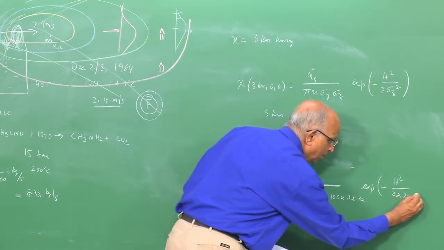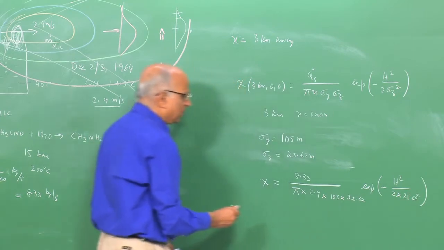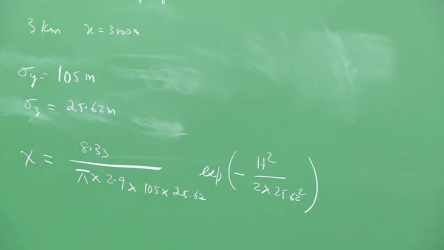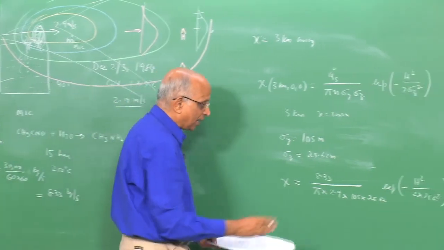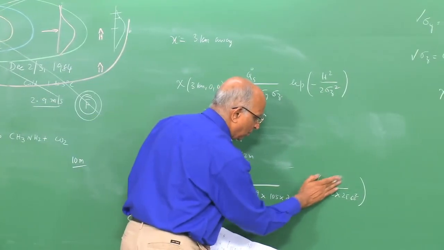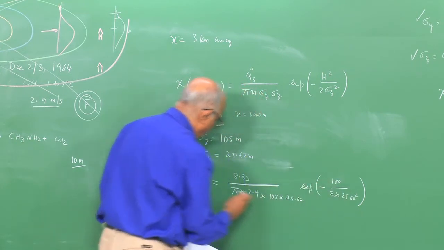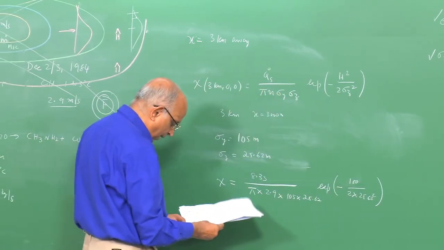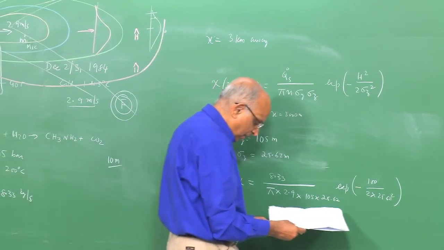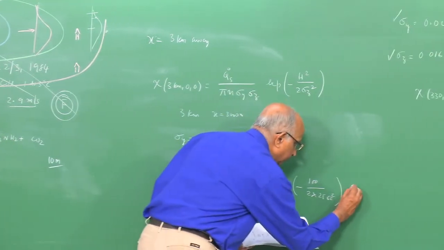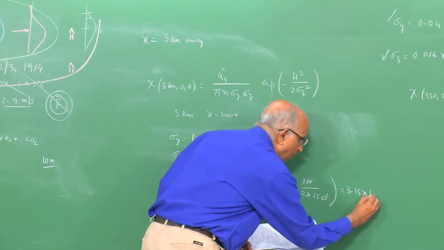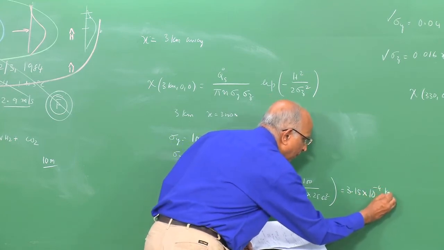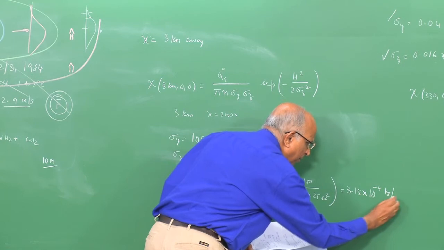The height of the stack was around 10 meters, and therefore H squared is 10 into 10, which is 100. This gives me the value of chi, and this works out to be something like 3.15 into 10 to the power minus 4 kilograms per meter cube.